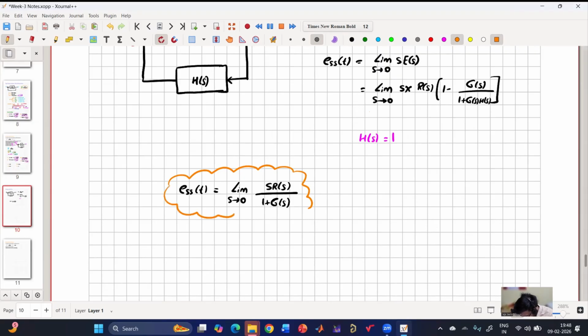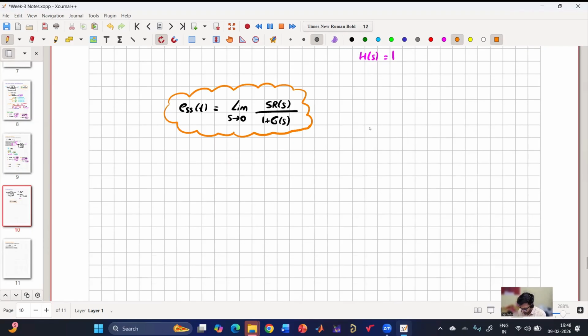Now let us consider three cases. First case being unit step input. In this case, what will be my R of s? My R of s is nothing but 1 by s.